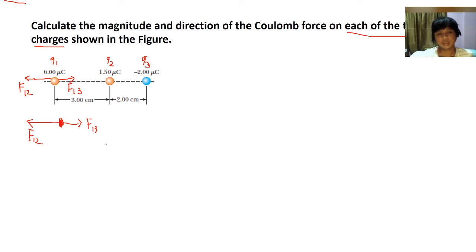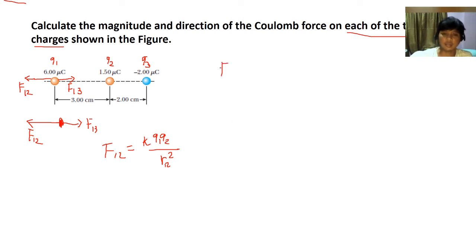So how do we do that? Well, first let's solve for F12. F12 is just Coulomb's law between 1 and 2, and r here is the distance between 1 and 2, so I'm going to call that r12 squared.